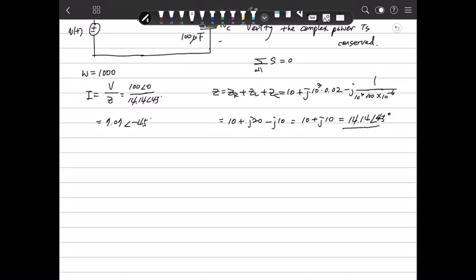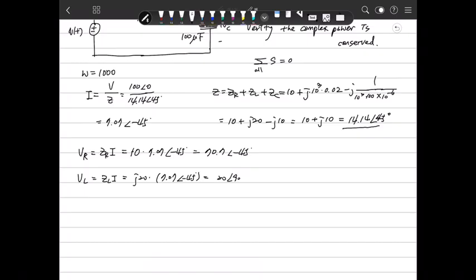Now let's determine VR. VR is ZR times I, where ZR is 10 and I is 7.07 at minus 45 degrees. Therefore VR is 70.7 at minus 45 degrees. And VL is ZL times I, where ZL is j20, which is 20 at 90 degrees, and I is 7.07 at minus 45 degrees.